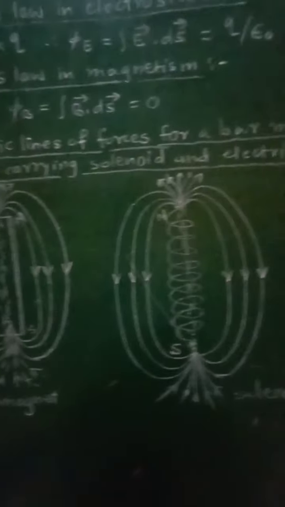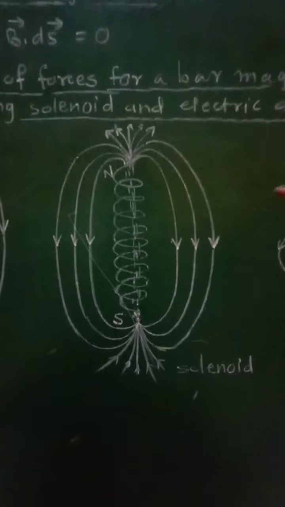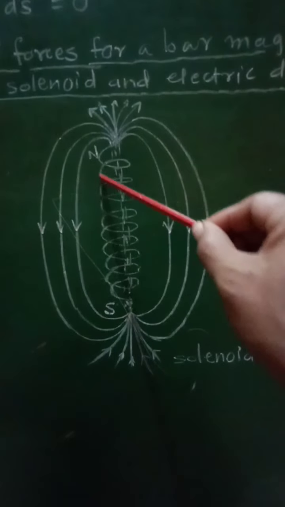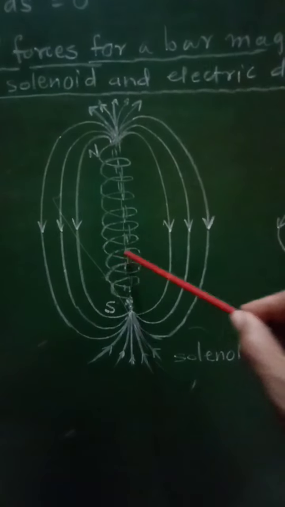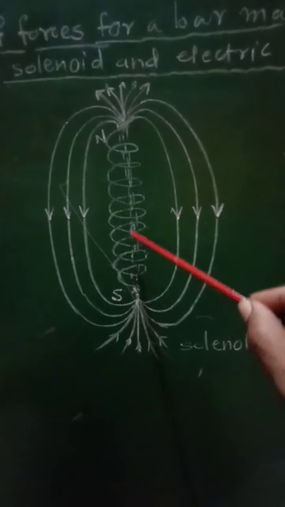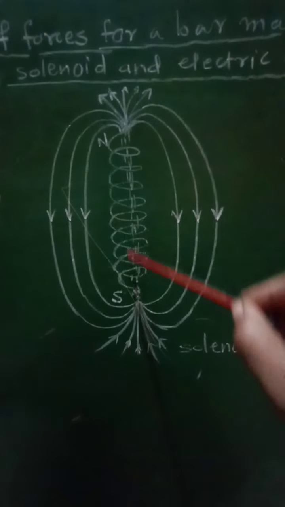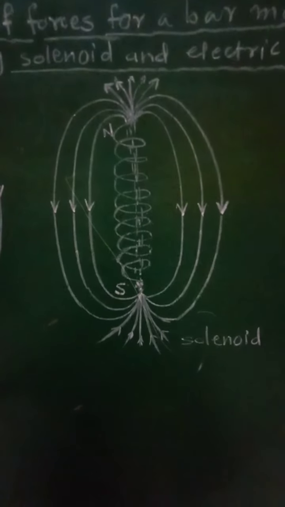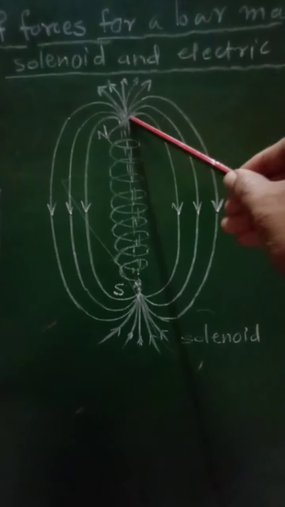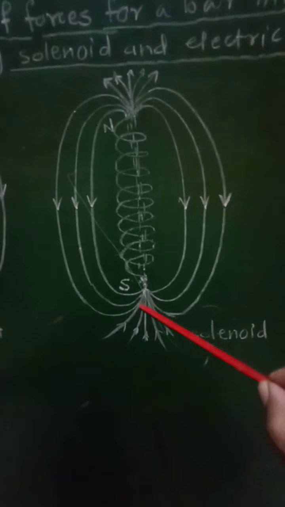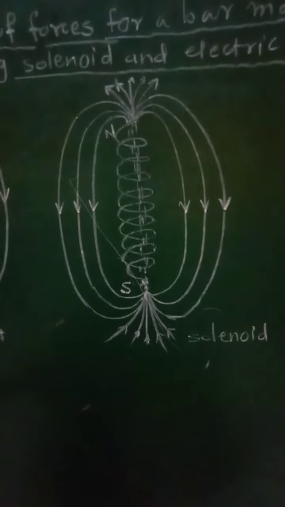Now let us consider the second case, that is in case of a current carrying solenoid. This will be the solenoid. When current is flowing through this spiral, that is solenoid, at that time we will get again N and S poles produced there. Again magnetic lines of forces will originate from N pole and will end on the S pole.